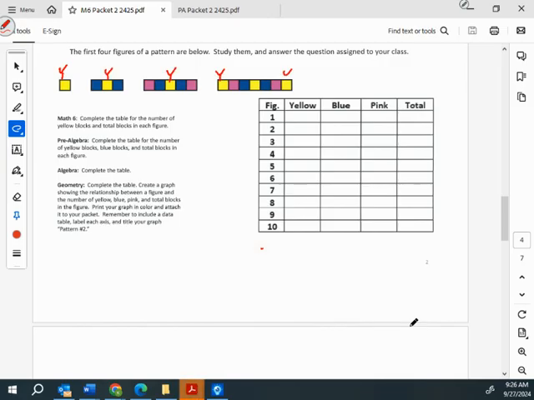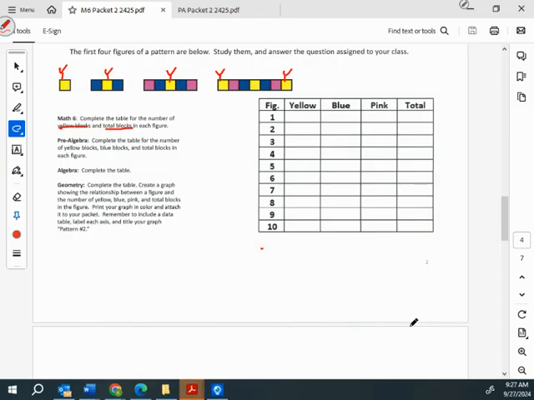It's very clear in the black and white version that the yellow is white. So we're going to first figure out the whole table for the yellow blocks, then we'll talk about the whole table for the total blocks.